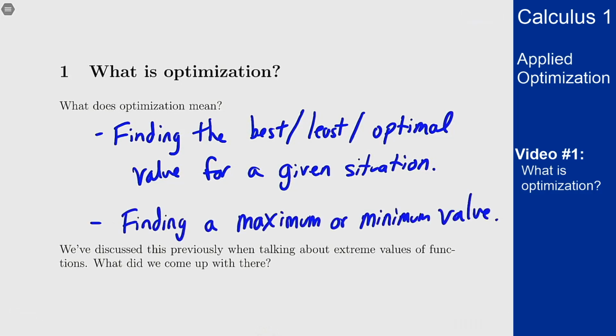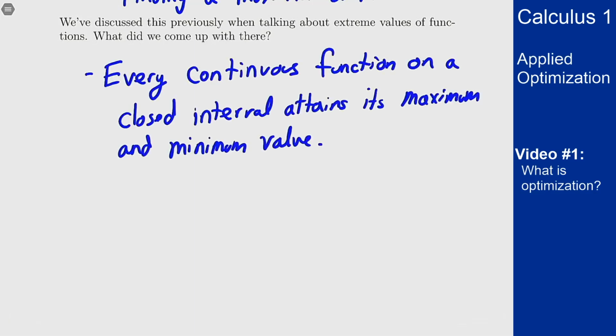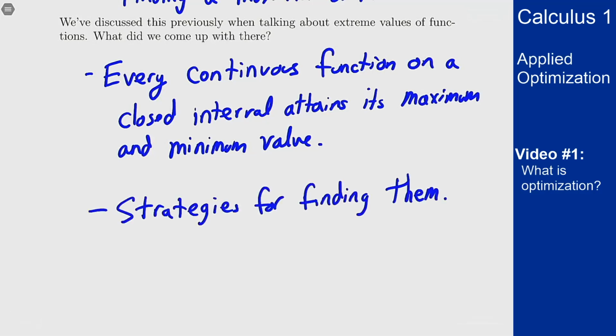And we've seen some of this previously. We've already talked about methods for finding max and min values of functions. So we had this before. Right? We came up with something like every continuous function on a closed interval attains its max and min value. And we also found strategies for how to find these points. What was this process?